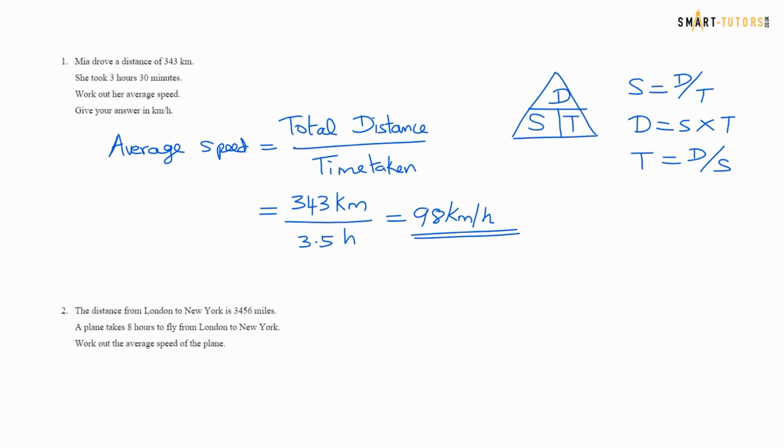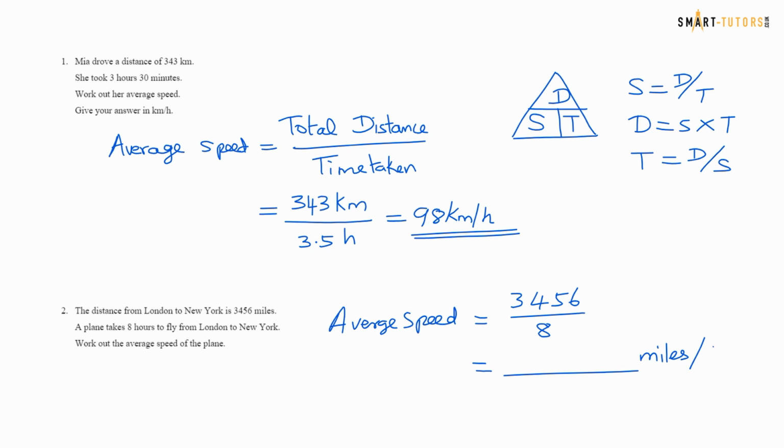Question number 2. The distance from London to New York is 3,456 miles. A plane takes 8 hours to fly, and the average speed, same thing. So average speed, you write the equation. Distance travelled, 3456 miles divided by 8 hours. So the answer is going to be that many miles per hour.